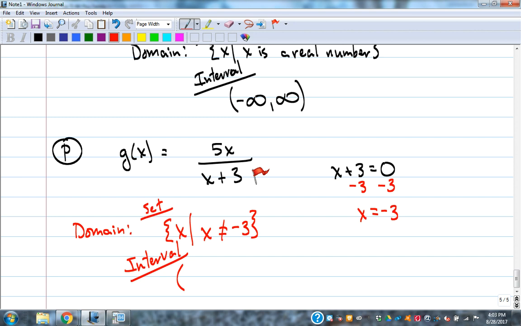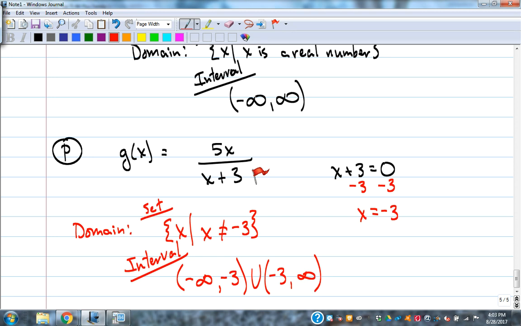So with my interval notation, I started at negative infinity, I ride along the train, I keep going, and there's this big hole in the tracks at negative 3. So I say negative 3, skip it, parentheses skips it. And then we got to jump back on the track right after negative 3 and ride all the way to positive infinity.